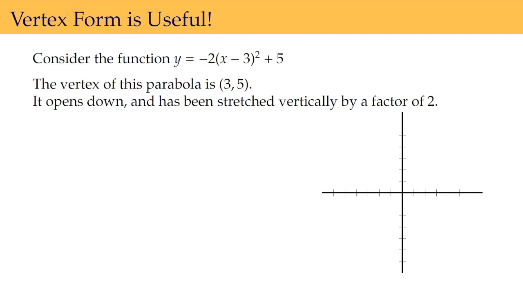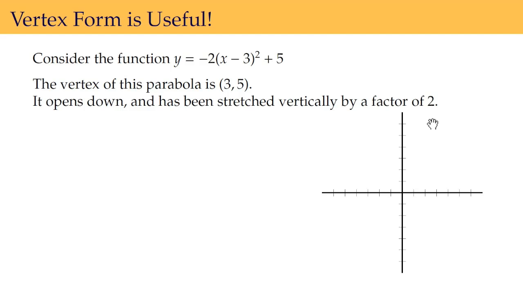So with that information, we can draw a little sketch here. I know that my vertex is at 3, 5, so my vertex will be about here. And my parabola will open down, and it's sort of stretched out. So ordinarily, since this was arrived at by the square function, you could move over 1 and move down 1, move over 2, you would move down 4.